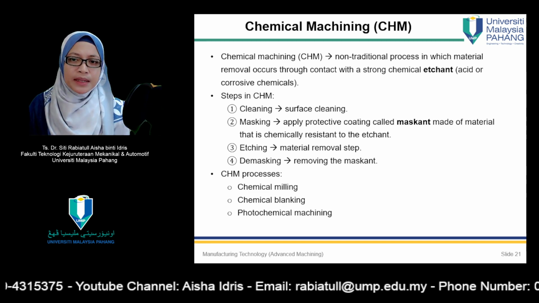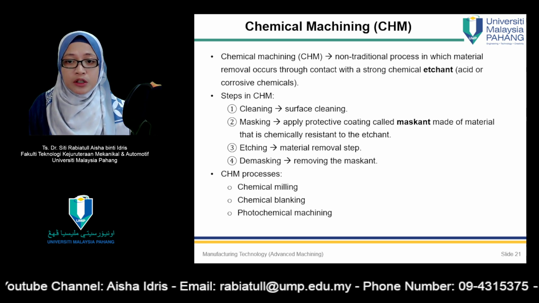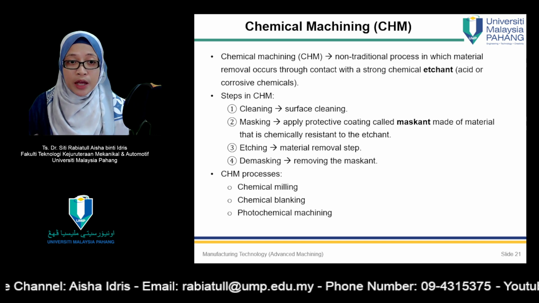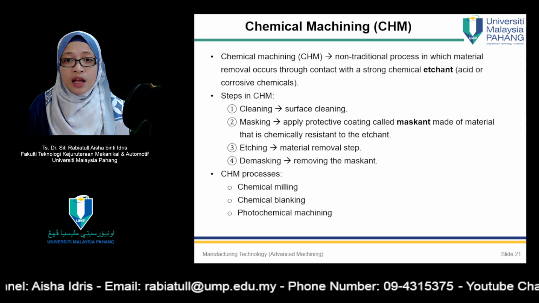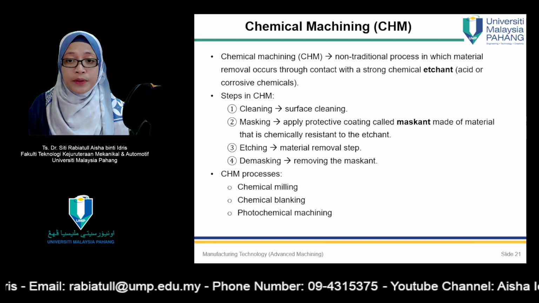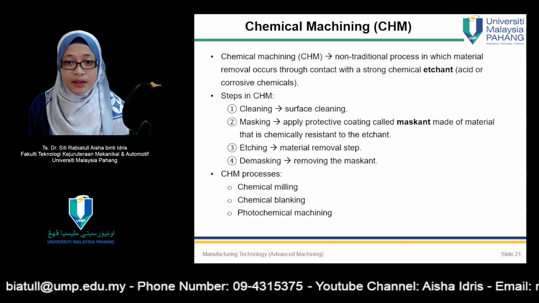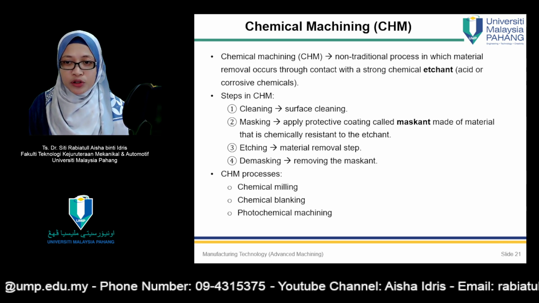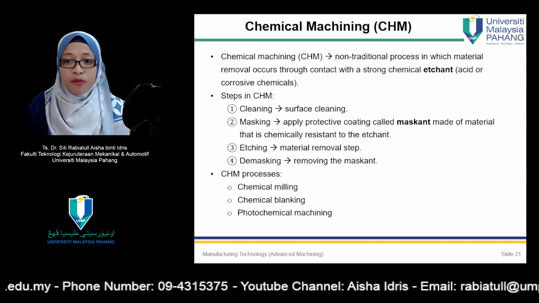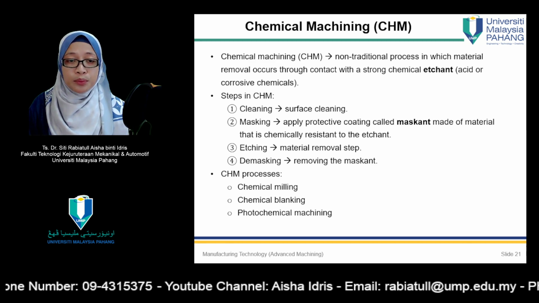The first step is cleaning operations to ensure that material will be removed uniformly from the surfaces to be etched. Number two, masking. A protective coating called a masking is applied to certain portions of the part surface. This masking is made of material that is chemically resistant to etching. It is therefore applied to those portions of the work surface that are not to be etched.